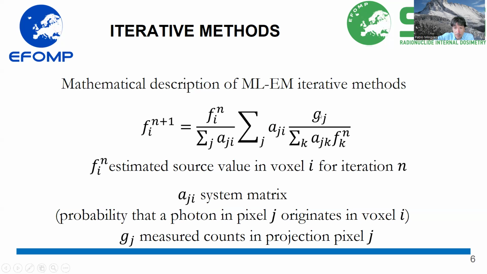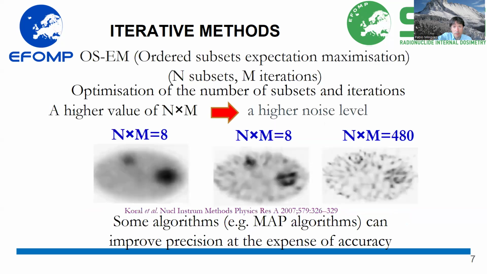And then we have the value, which represents the count in the pixel of one of the projections. Those are the measured counts.